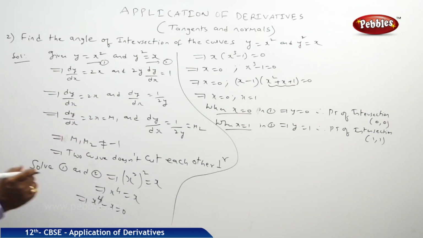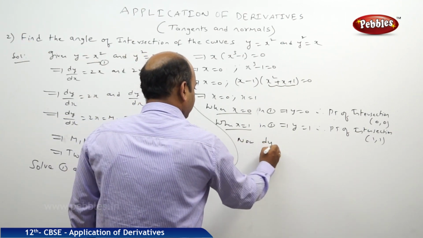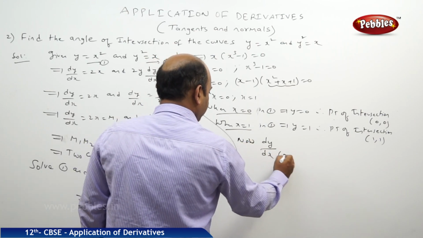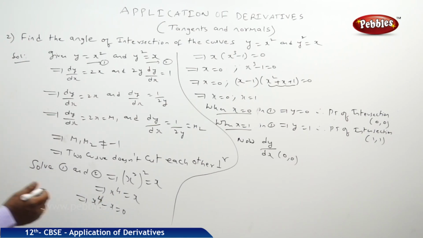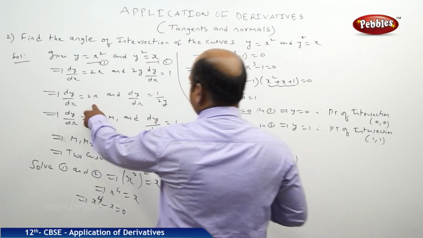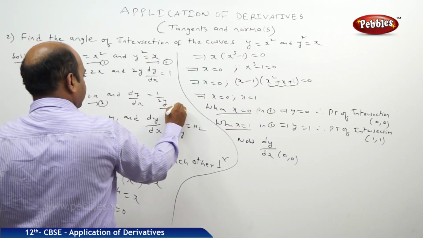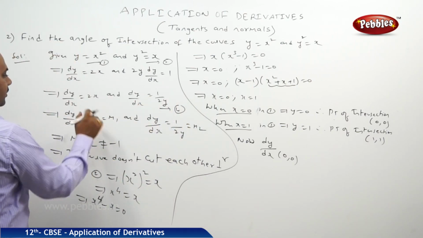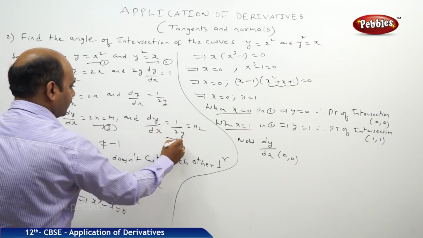So dy by dx at 0, 0; I will call this 3 and this 4 for our convenience.